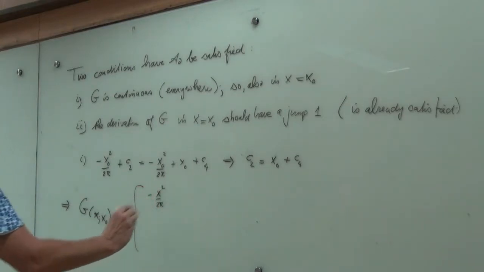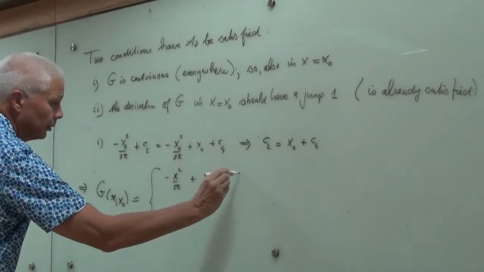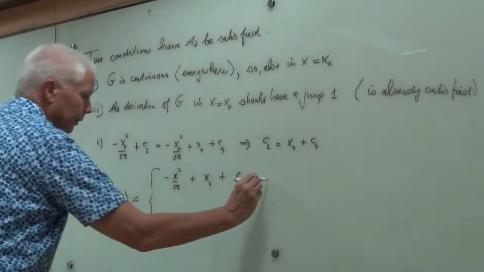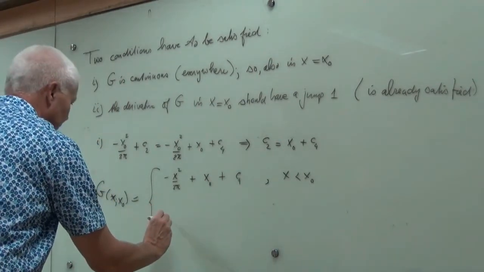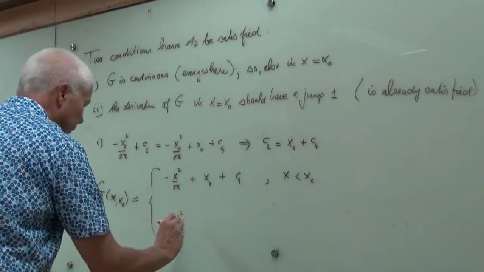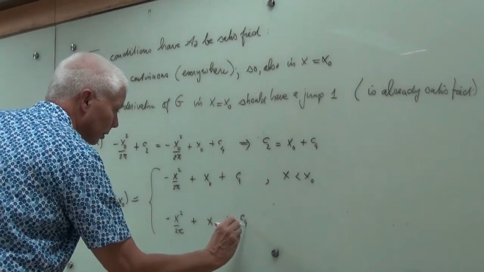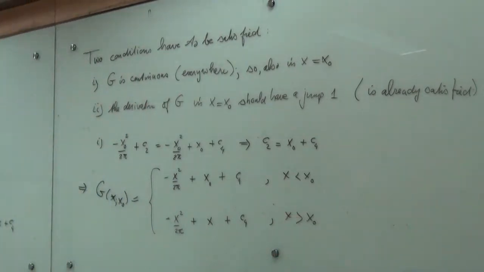Minus x squared over 2 pi plus c2 plus x0 plus c4, and that's for x smaller than x0, and it's equal to minus x squared over 2 pi plus x plus c4, and that's for x larger than x0.